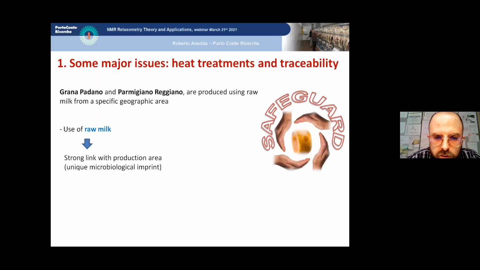This link is acknowledged by European Union, and there is a very detailed regulation on PDO products, protected designation of origins. Consumers buy and eat carefully controlled products for which the whole production chain is controlled very carefully, starting from the raw material, milk, to the distribution, labeling, and the product in the shelves of the supermarkets.